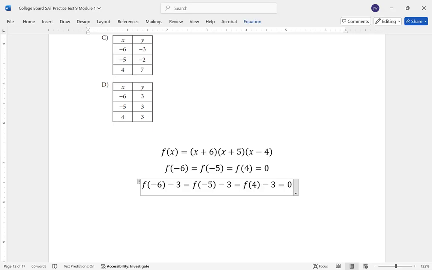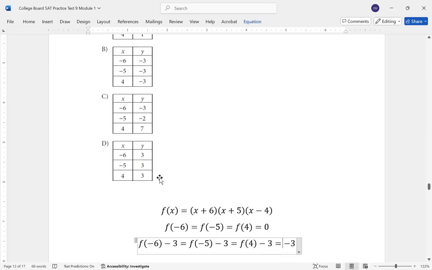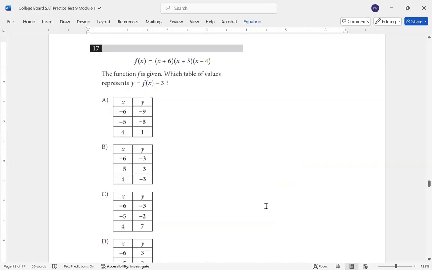I'd have to take 0 minus 3, which is just -3. And therefore, whatever table this is, when I put in an x of -6, it should give me a -3. When I put in an x of -5, it should give me a -3. When I put in an x of 4, it should give me a -3.